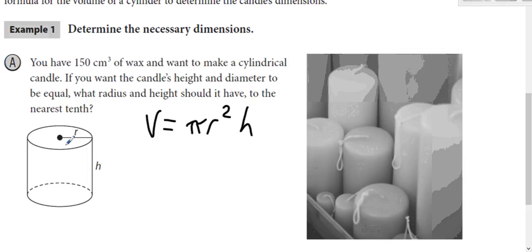So if the height and the diameter are the same, the diameter is 2r over the radius, which means that's what we want the height to be, 2r. So we're going to substitute 2r in place of h.